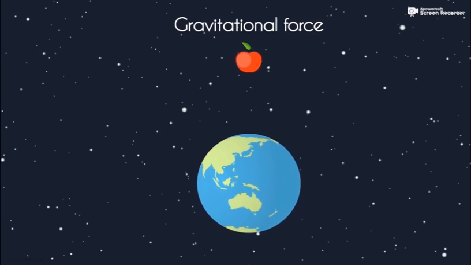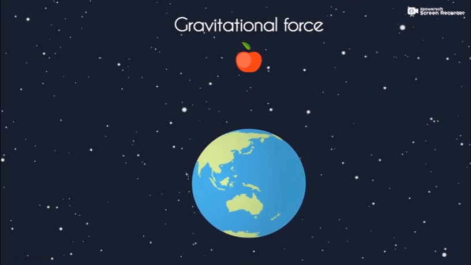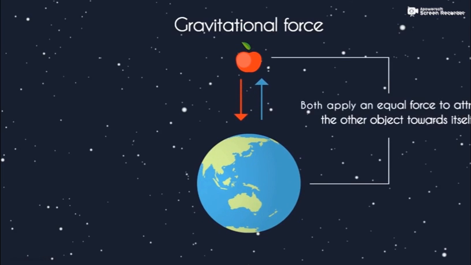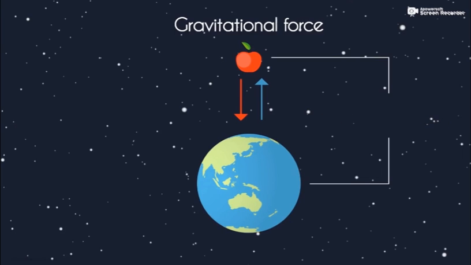It's actually simple logic. This is the earth and this is the apple. Based on what we have learned about the gravitational force, both apply equal force to attract each other towards itself. So, the forces are equal.